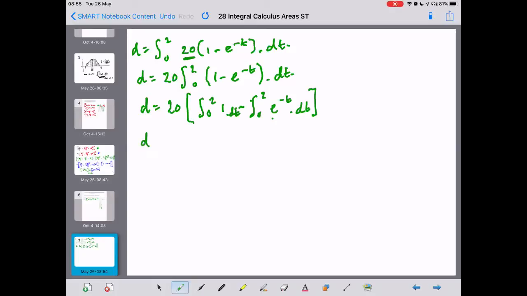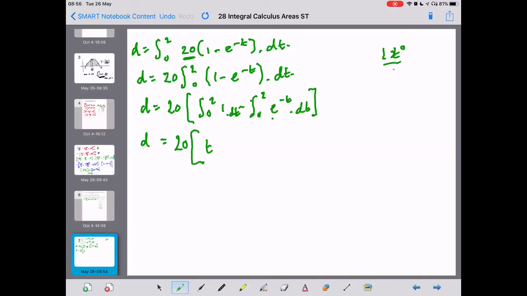So when we integrate 1, what do we get? Well, when we integrate a constant, the variable comes back. So it's t. It's like integrating 1 times t to the 0.